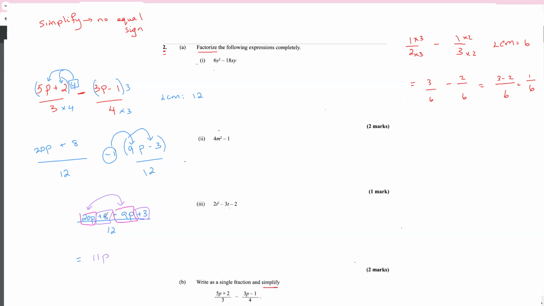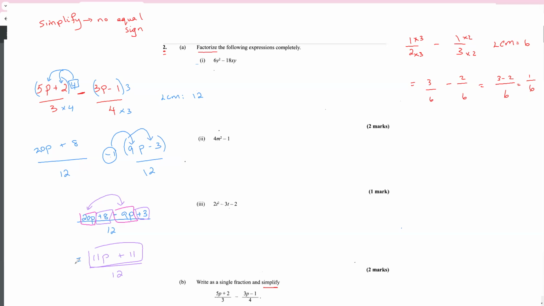Remember, you could shuffle them around once you've moved them with the sign that is in front of them. And then 8 plus 3, 8, 9, 10, 11, will be positive 11 over 12. Now, I cannot add this any further, right?